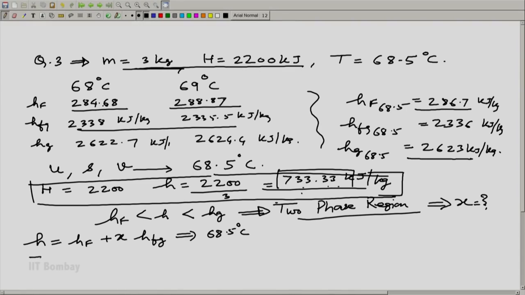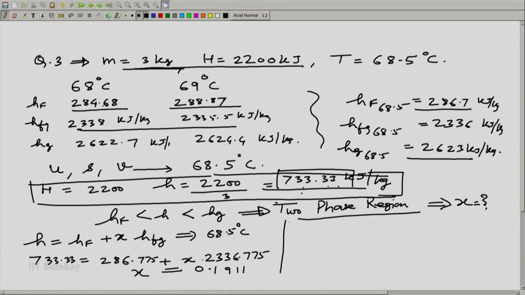So 733.33 is equal to 286.775 plus x times hfg, which is 2336.775 as evaluated at 68.5, and from here I see that x is equal to 0.1911.